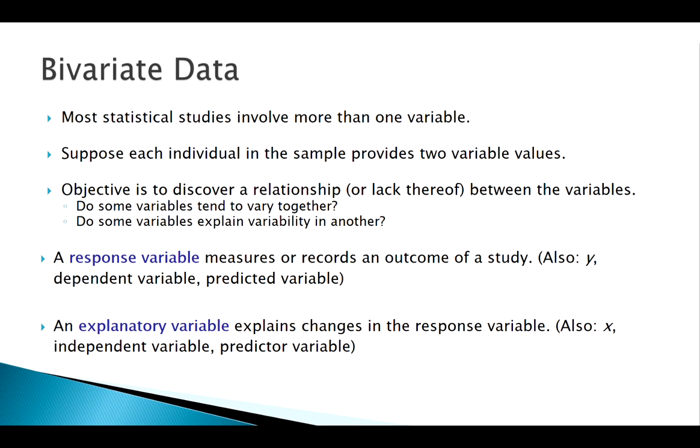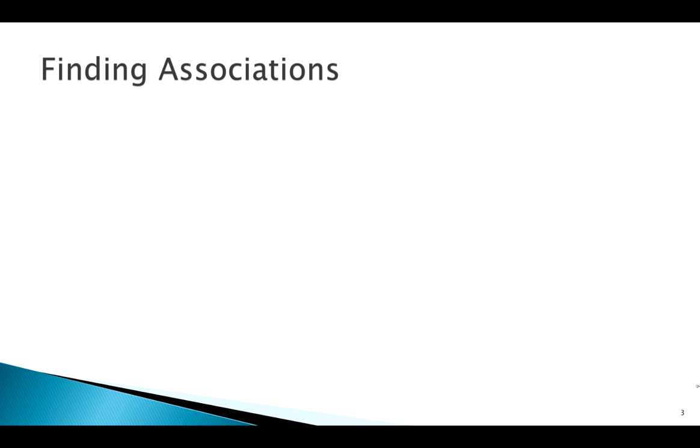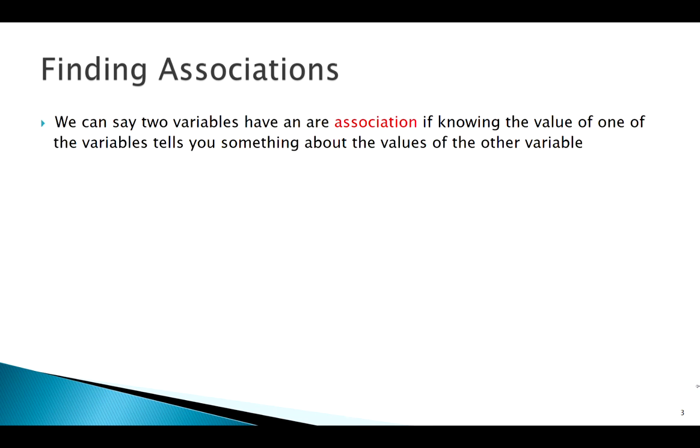Sometimes your x, your independent or explanatory variable, is also called your predictor, because ultimately we're trying to use values of this x variable to predict what's happening in y. The word that we like to use for the relationship we're looking for is association.